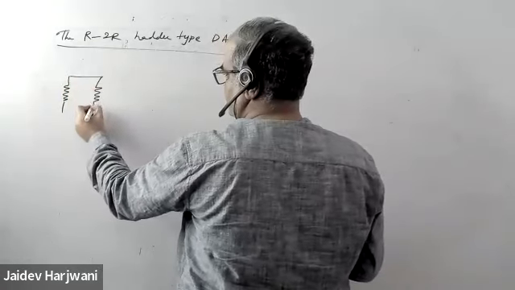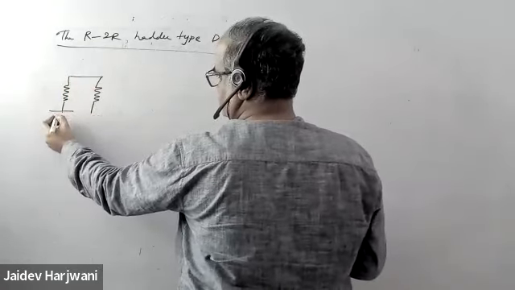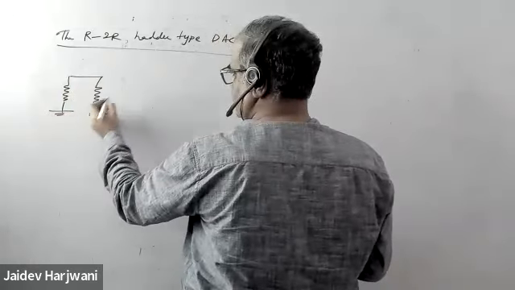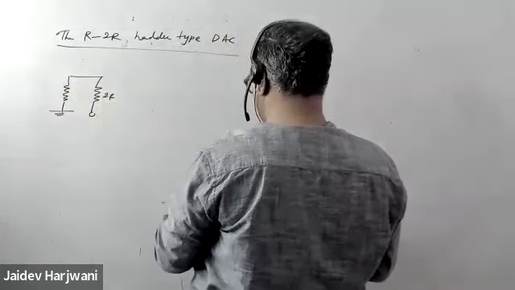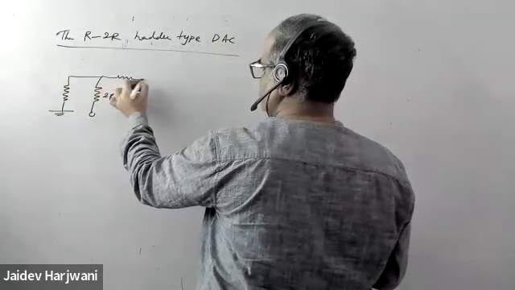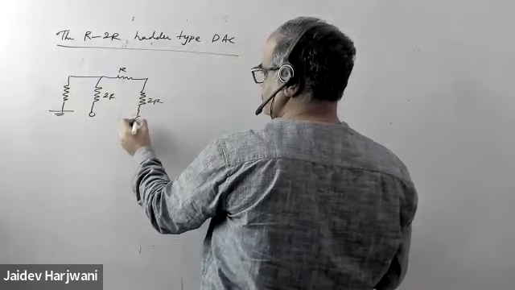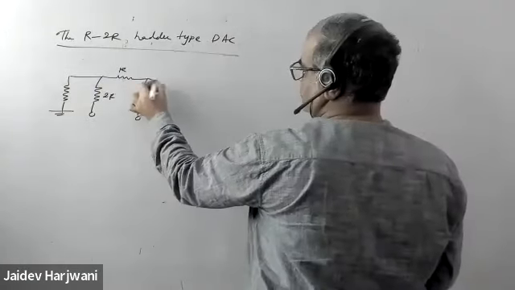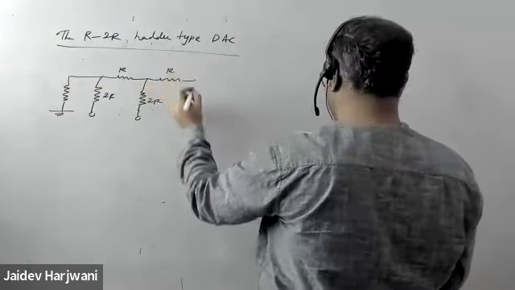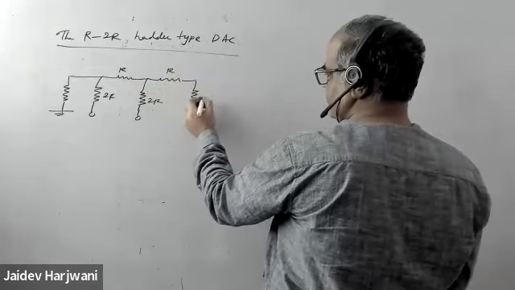So this is your 2R, R, then 2R, then R, then 2R.